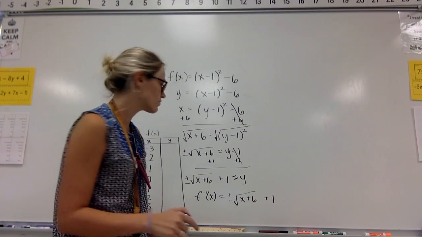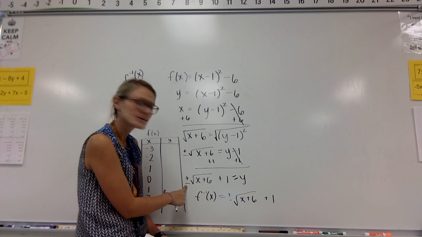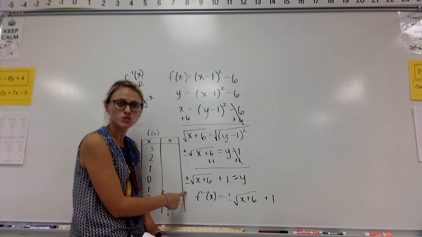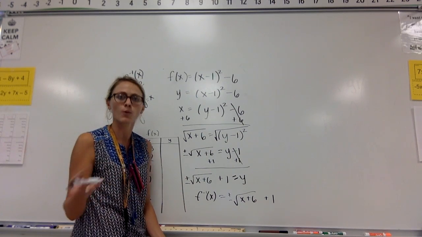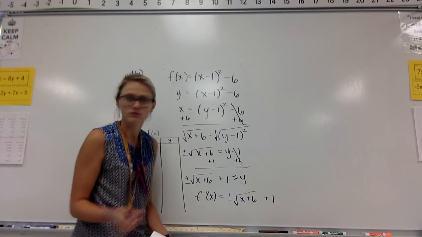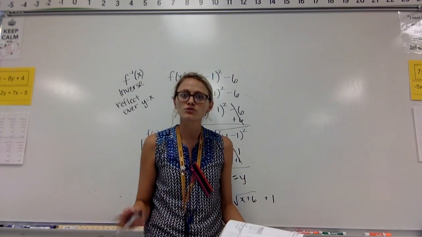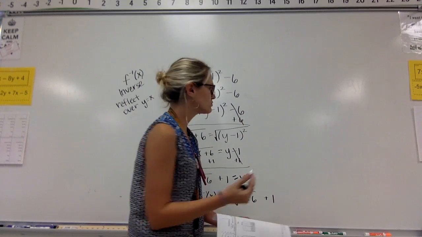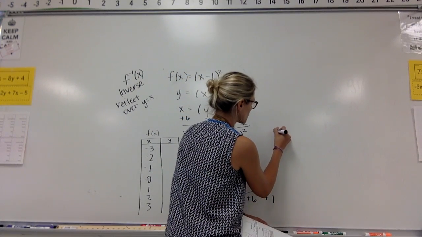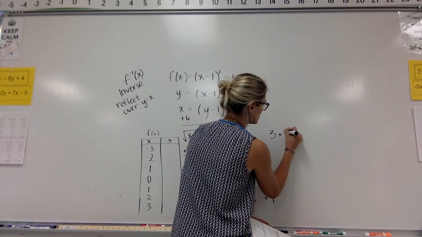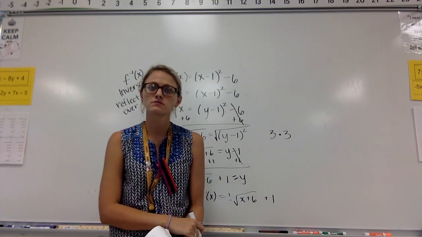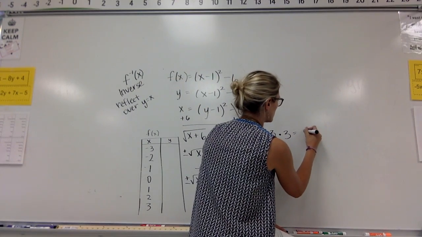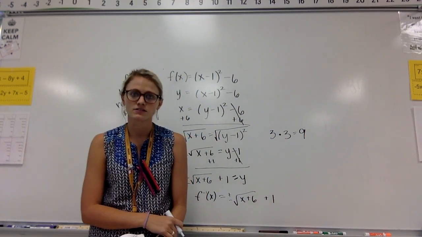What I do want to do, though, is show you why we have to have a plus or a minus square root. I think if you understand why, then it might help you remember later on down the road. Okay? So just right here, you don't need to write this down. You can just watch. If you take 3 times 3, you get 9.